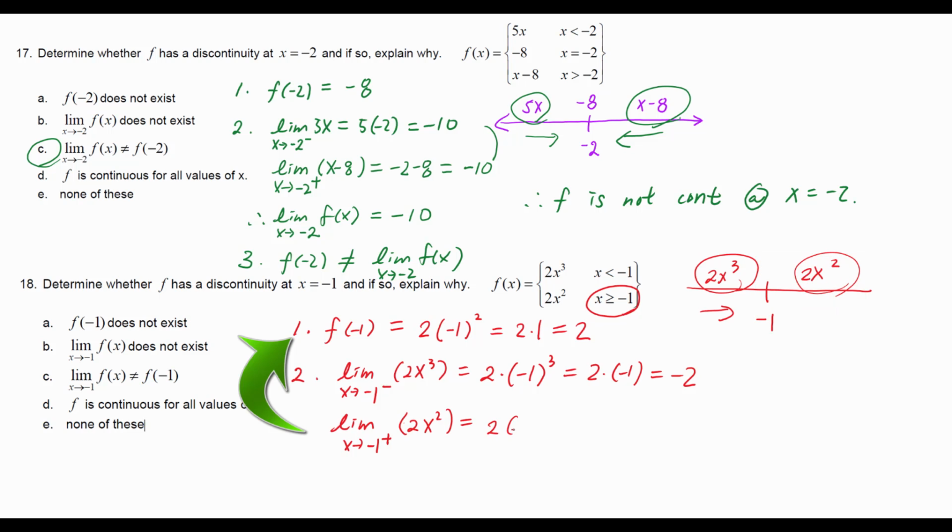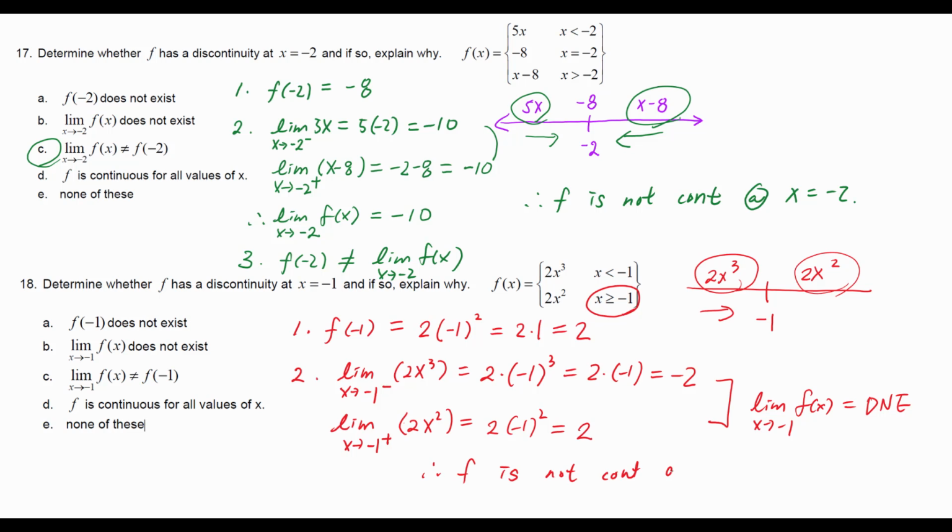So 2 times -1 squared was +2. And because my left limit is not equal to the right limit, the limit as x approaches -1 of f of x does not exist. And that will be the reason why this function is not continuous at x equals -1. So the answer is B.